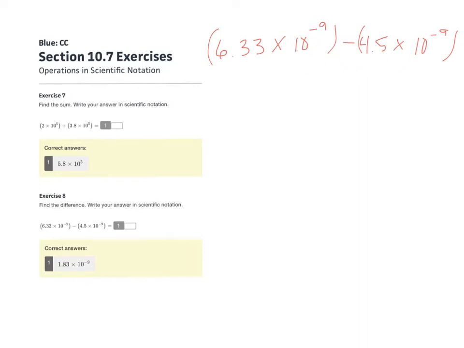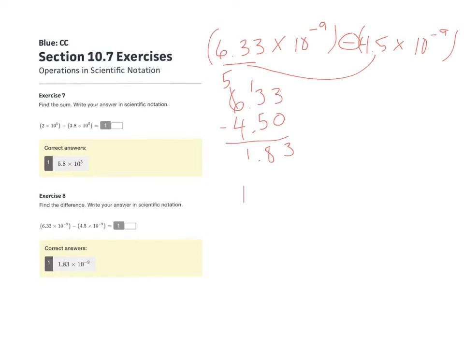Now we're going to first start out by subtracting these two. Because it's subtraction, we're going to subtract. We've got 6.33 minus 4.5. And remember, we have to line up the decimals. 3 take away nothing is 3. 3 take away 5 we can't do, so we're going to borrow. 13 minus 5 is going to be 8. 5 minus 4 is 1.